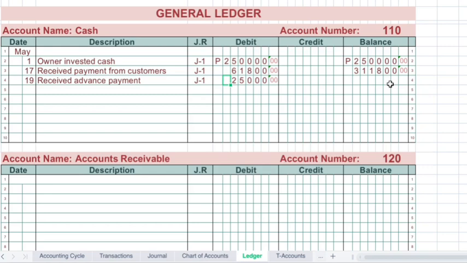So, 311,800 plus 25,000, 336,800. Okay, so as of May 19, ang balance natin is 336,800.